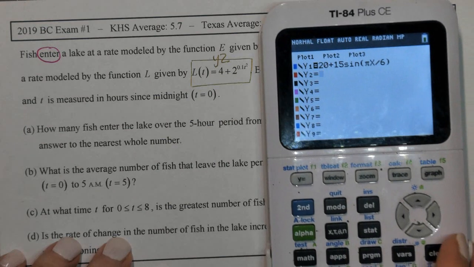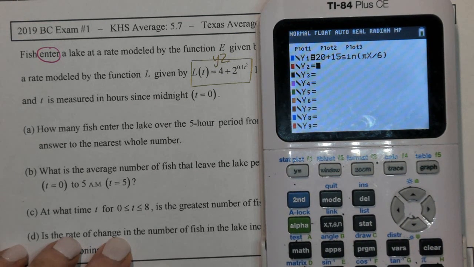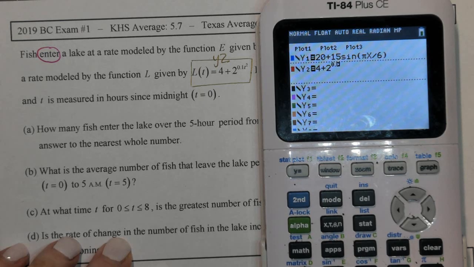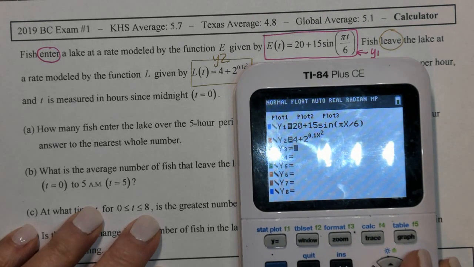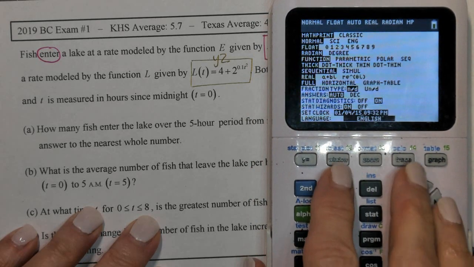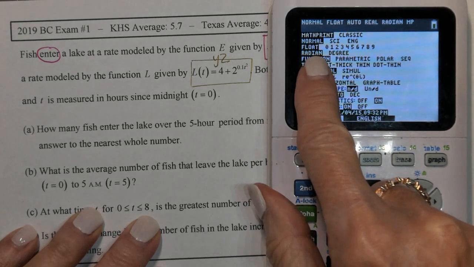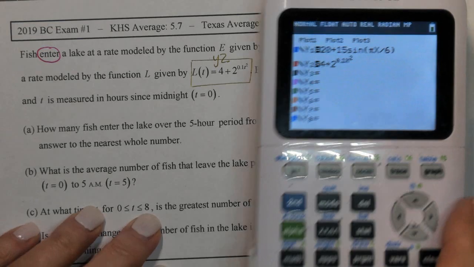Okay, so put that in carefully, double check it, make sure it looks accurate. Okay, I think I got both of those in there right. By the way, make sure your calculator is in radian mode, okay?